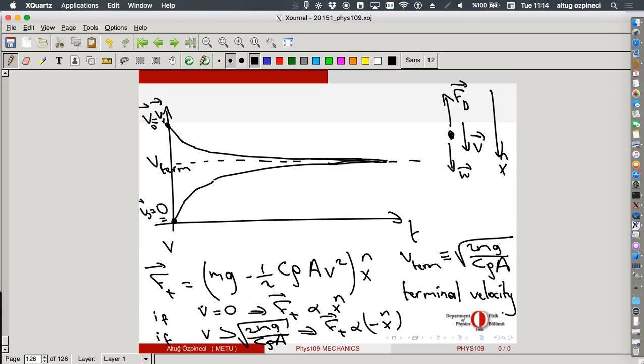The change in the velocity will be 0 after it reaches the terminal velocity. Okay, you see, if it is accelerating, then the velocity is changing. So when it reaches the terminal velocity, basically the object is no longer accelerating. It has 0 acceleration when it reaches the terminal speed.